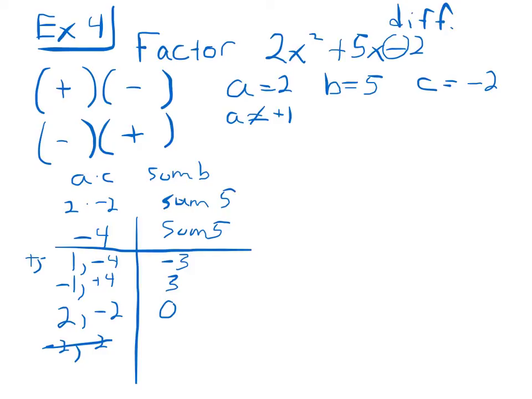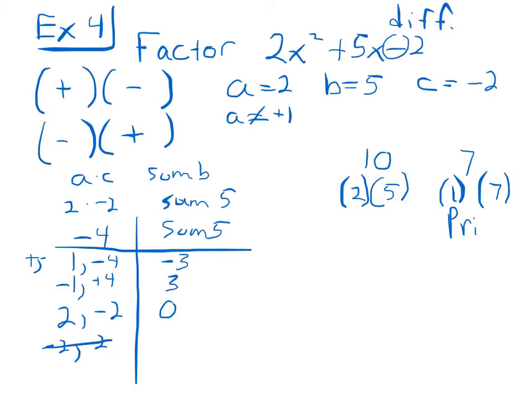When I said to factor 10 or write 10 as two different factors, you could have written it as 2 and 5, right? So that would be like factoring the number 10. What if I said to factor the number 7? What would you write there? Well, the only way that you could write 7 is 1 and 7, right? We said that 7 was a prime number.